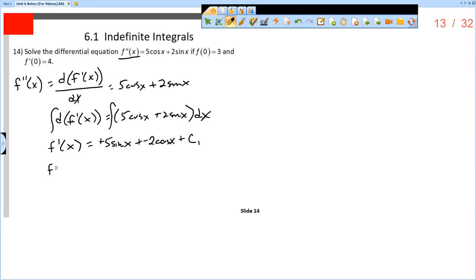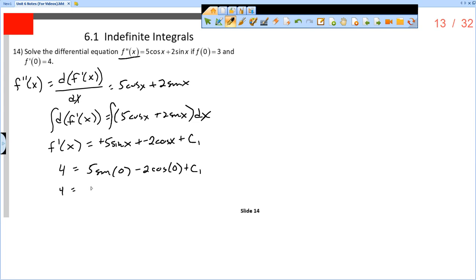So now I have that f prime of x is 5 sine x minus 2 cosine x plus c sub 1. Now I want to use the fact that f prime of 0 equals 4. So 4 equals 5 times the sine of 0 minus 2 times the cosine of 0 plus c sub 1.